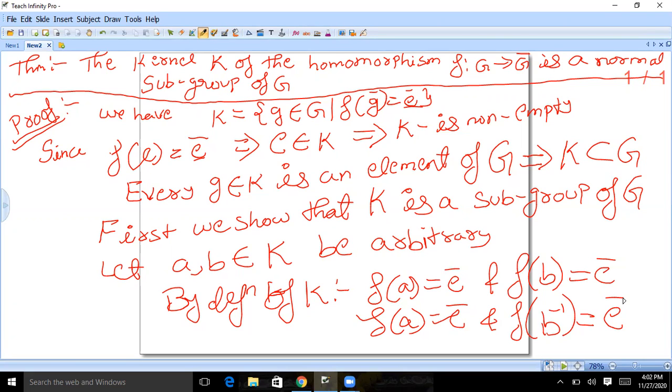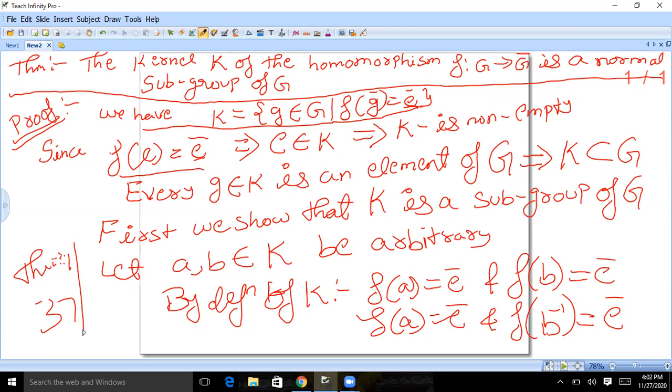what we did finally. So we have K is equal to g belongs to capital G such that f of g bar is equal to e bar. So we have f of g bar is equal to e bar. In the previous theorems, we have studied that f of e is equal to e bar. So theorem number 37, we read in theorem 37 that f of e is equal to e bar.